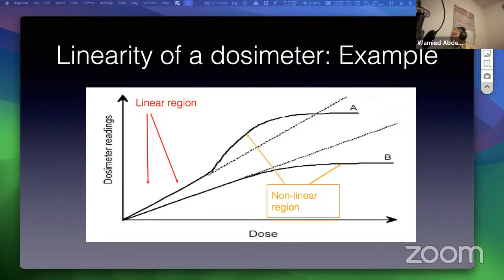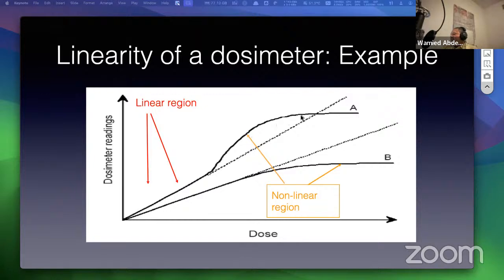However, if the dosimeter is nonlinear, because this curve describes the behavior of the dosimeter with dose, then we probably need to do multiple readings or a calibration to establish this curve. So we need to, for example, deliver a given dose, get the reading, and then maybe double the dose, get the reading, and so on.